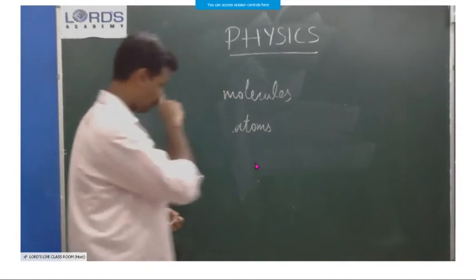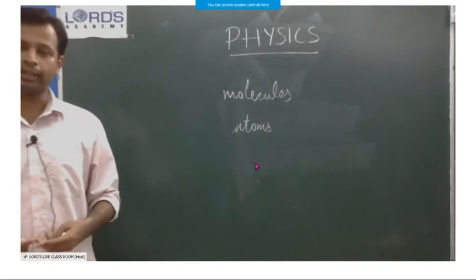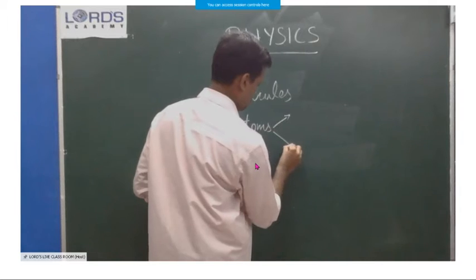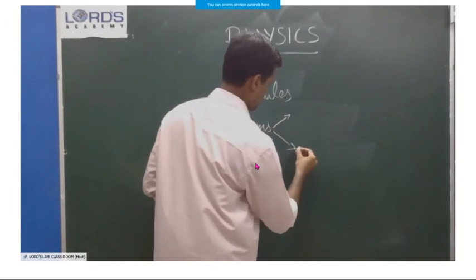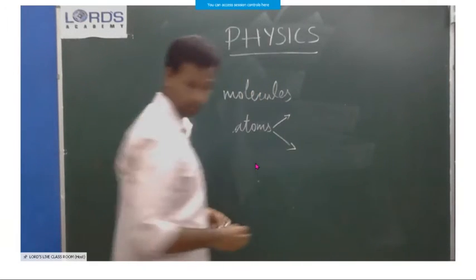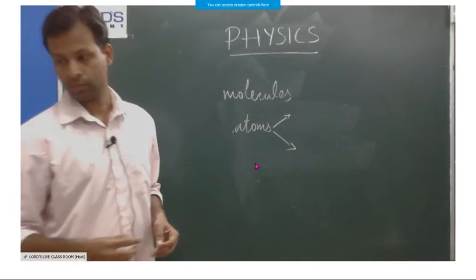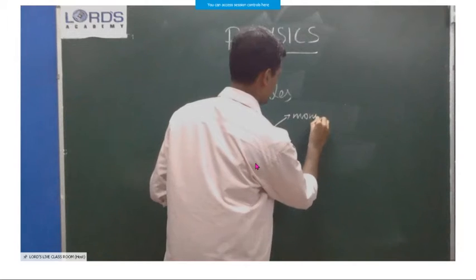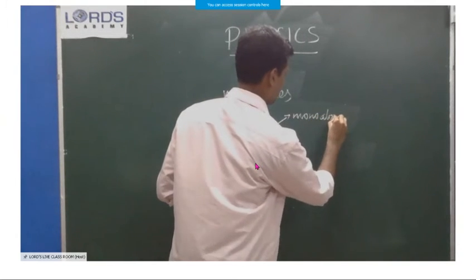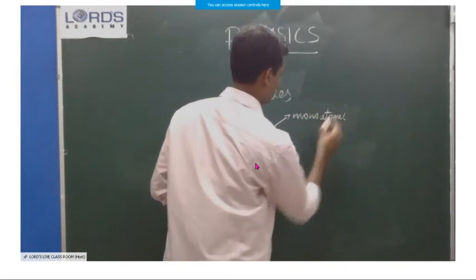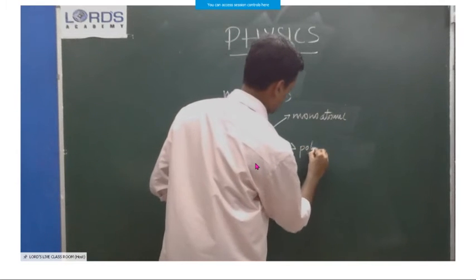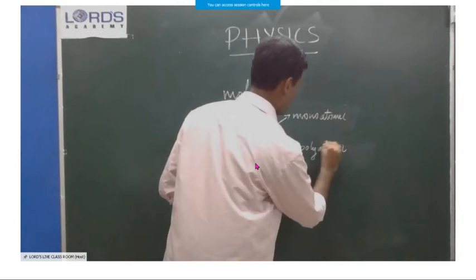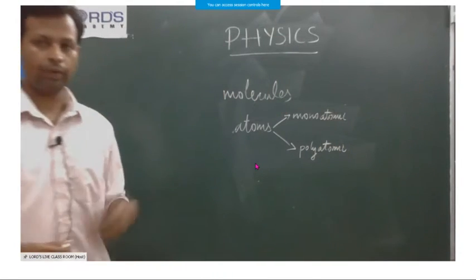And these atoms are divided into two: monoatomic, then polyatomic. I know that you all have studied this, but I am just having a recap.